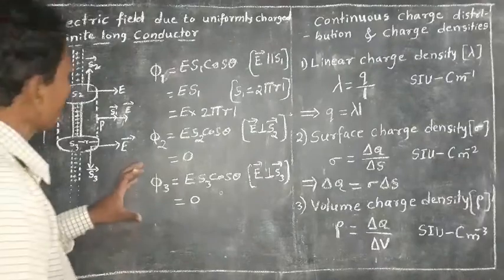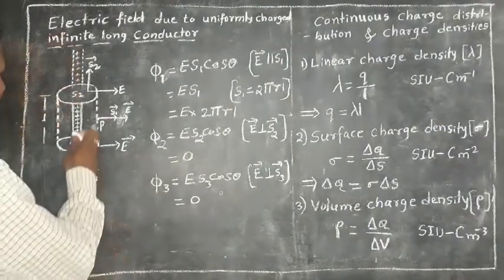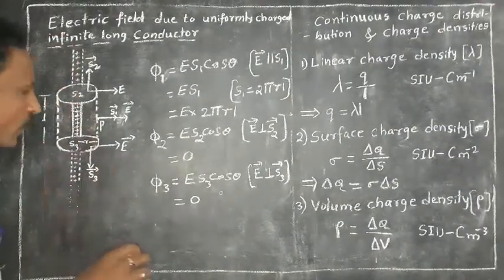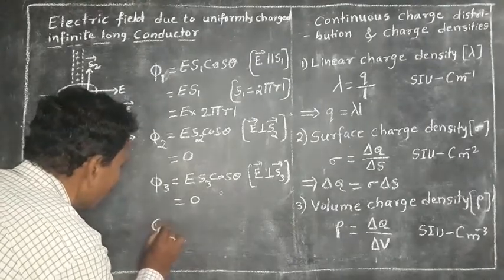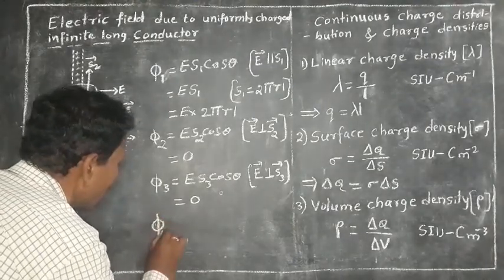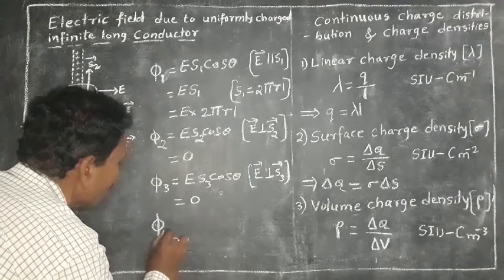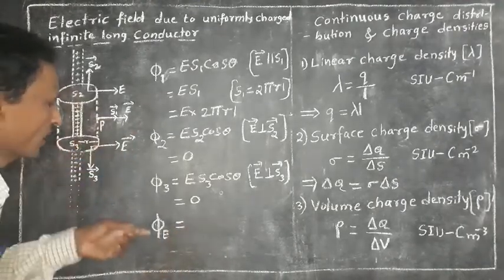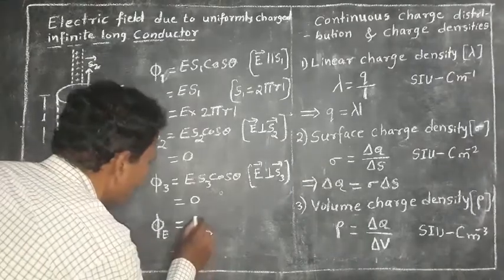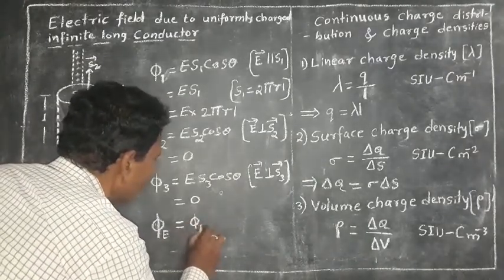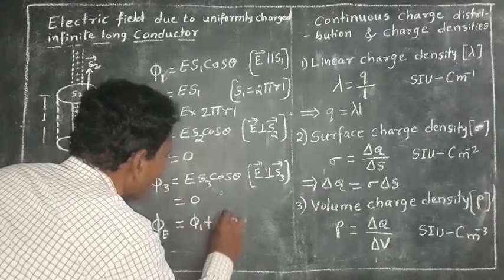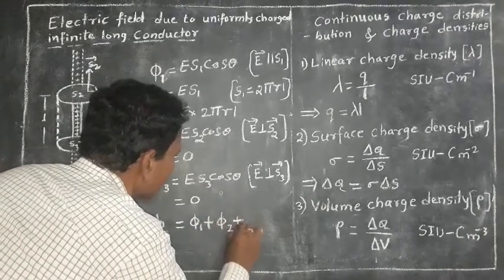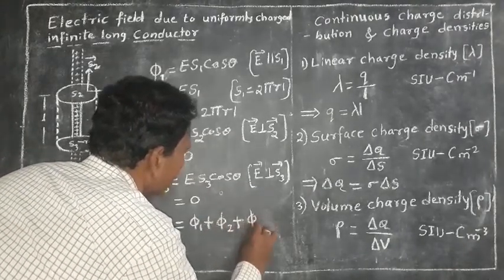Now, the total flux through the imaginary cylinder is phi E. The electric flux through the imaginary cylinder of length L and radius r is phi E, and phi E equals phi 1 plus phi 2 plus phi 3.